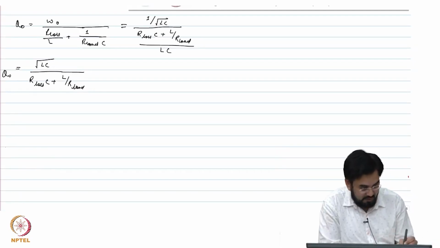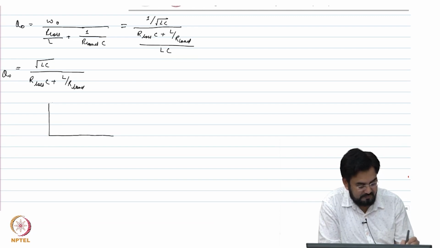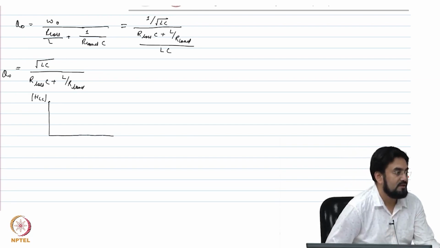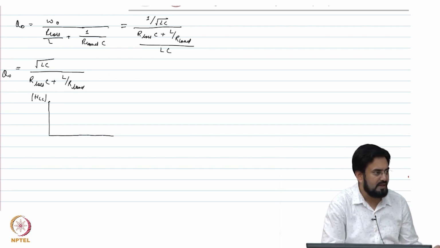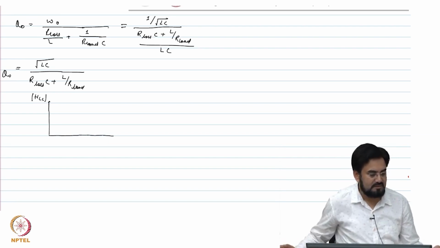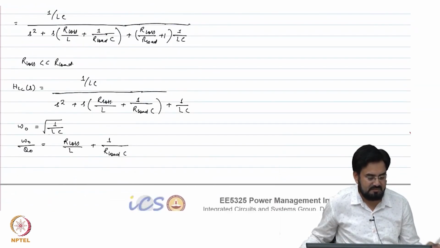So if I want to plot the magnitude of HLC, how will it look like? Band pass? What was the transfer function? Band pass or low pass?